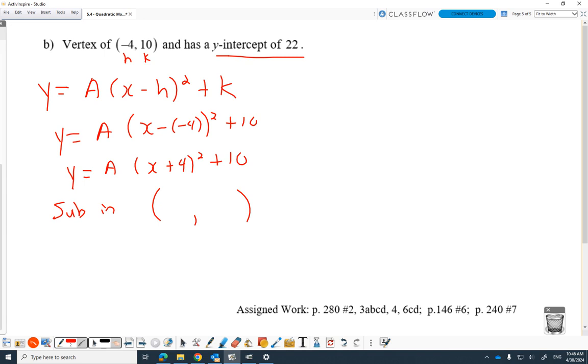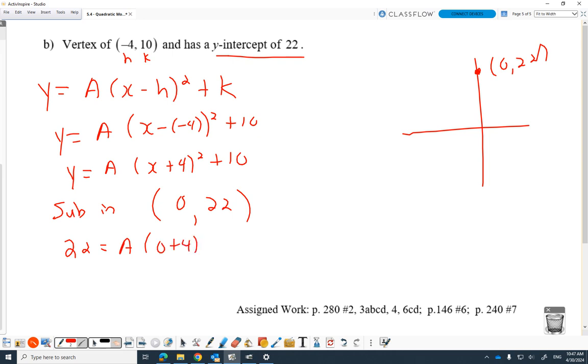Uh-oh. They only gave me the y-intercept. What's the x value? 0. Oh, key curveball. Like right at the end there, a little curveball at you. They didn't give you the point. They did give you the point. A y-intercept of 22 is the point (0, 22). So sub in (0, 22). 22 equals a(0 plus 4) squared plus 10.